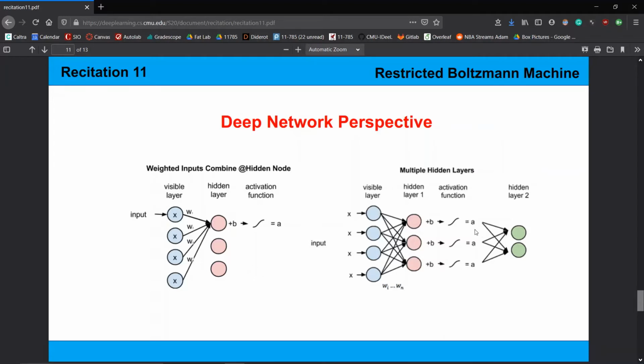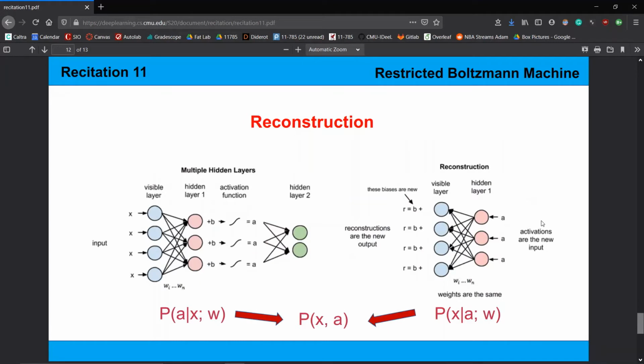The activation functions will then feed into another hidden layer, and so forth. Deep Boltzmann machines can learn complex and abstract internal representations of different tasks, such as speech recognition and so forth. That's the whole reason we use deep Boltzmann machines.